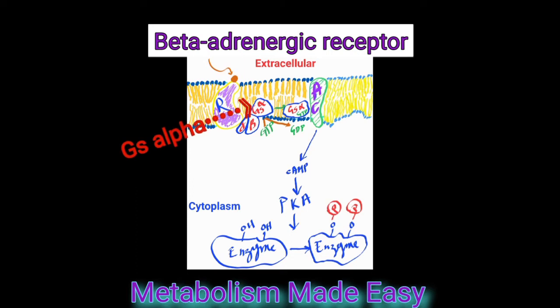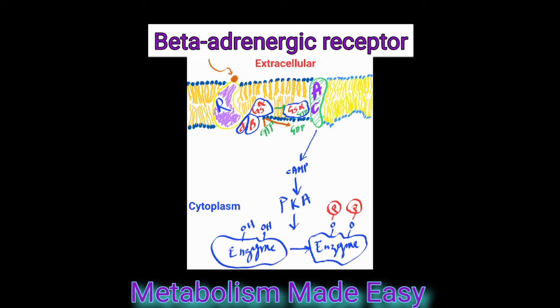The S designation for this G protein represents stimulatory, meaning that this G alpha subunit stimulates the adenylate cyclase system.